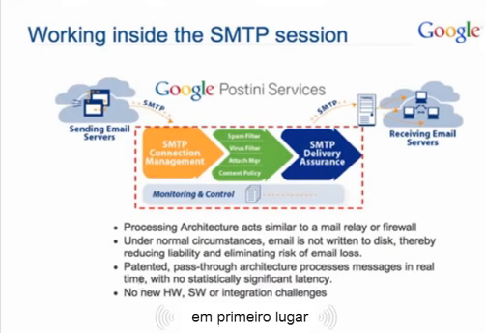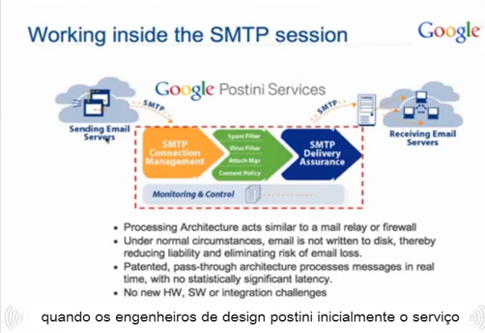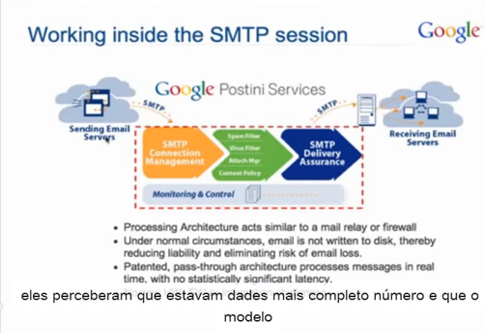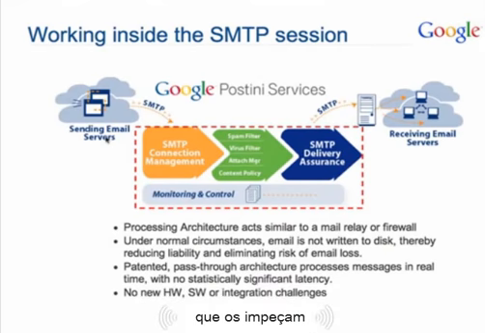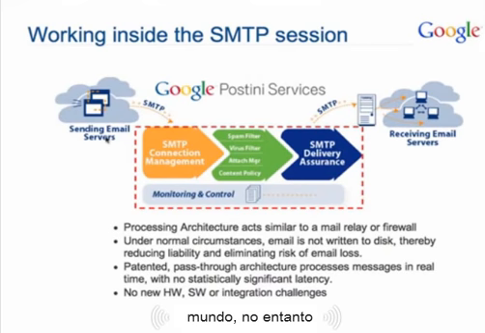First of all, SMTP is typically handled using a technique called store and forward. When the Postini engineers initially designed the service, they realized that there were a number of vulnerabilities in that model that would prevent them from potentially supporting 100% of all internet mail traffic. As a result, they designed an application that looked very much like an SMTP server to the outside world.